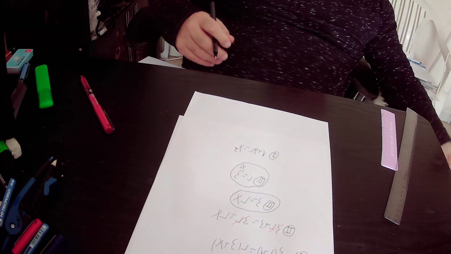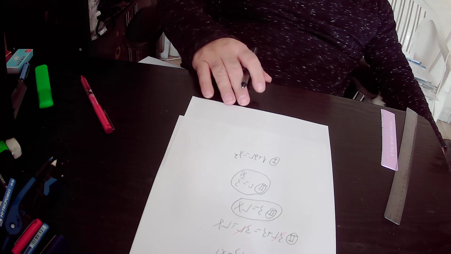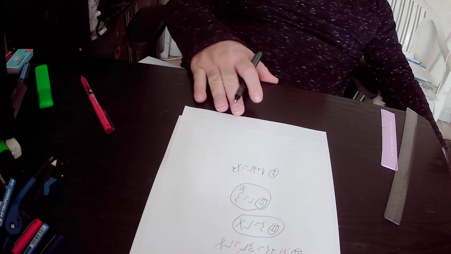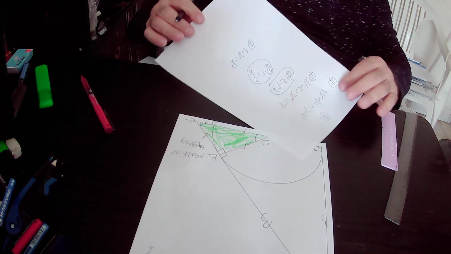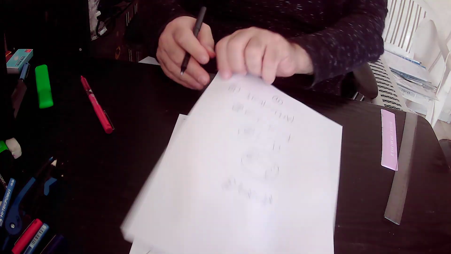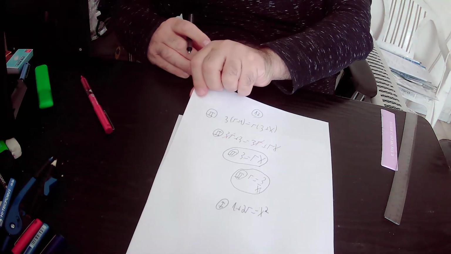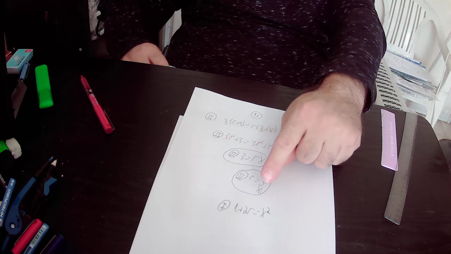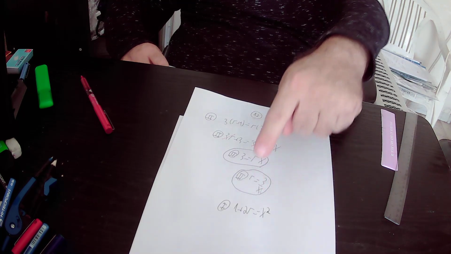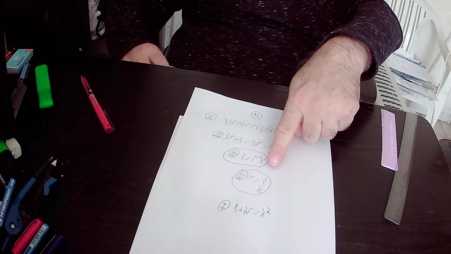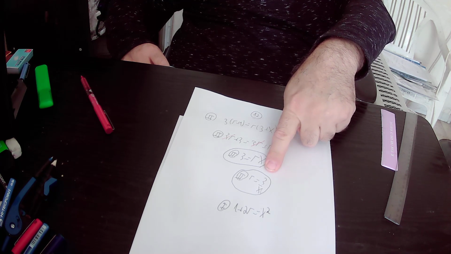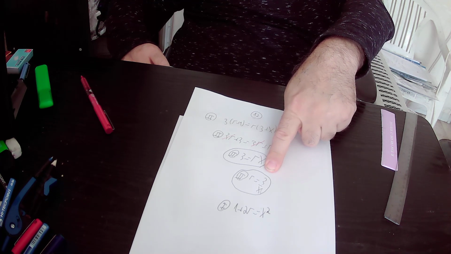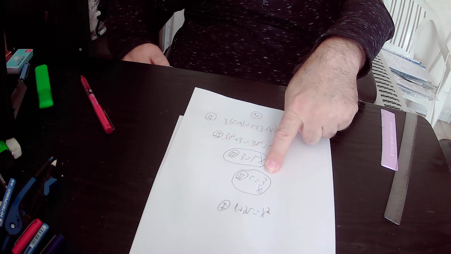So we'll substitute r in equation number 1 by 3 over x from equation number 2, because r equals 3 over x.